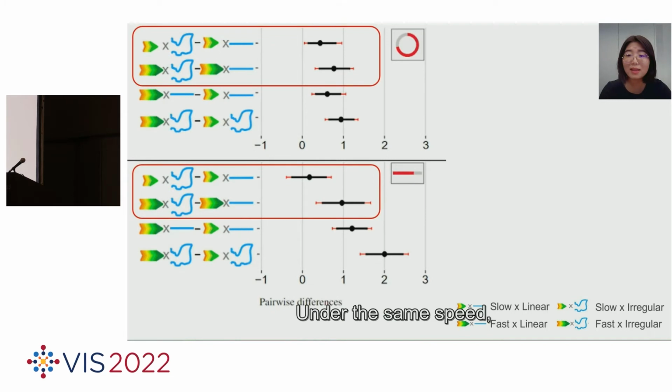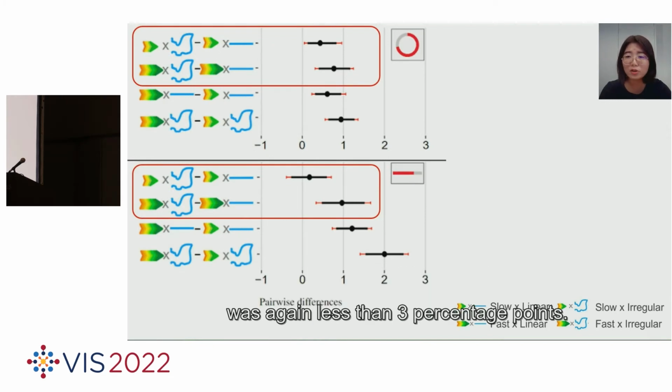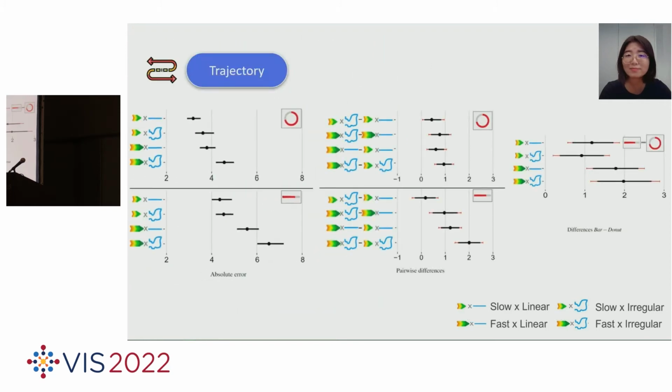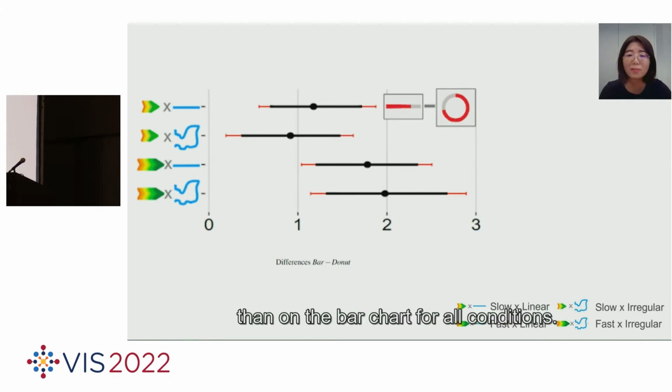Under the same speed, the absolute error differences between irregular trajectory and the linear trajectory was again less than 3 percentage points. Participants again performed slightly better on the donut chart than on the bar chart for all conditions.